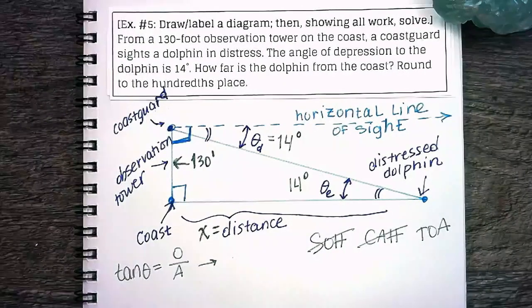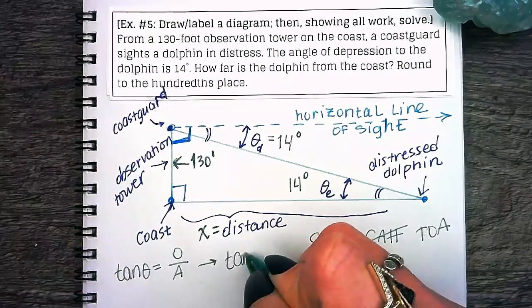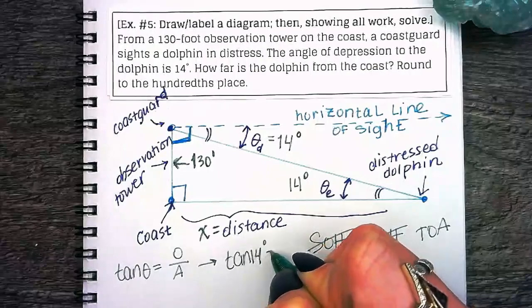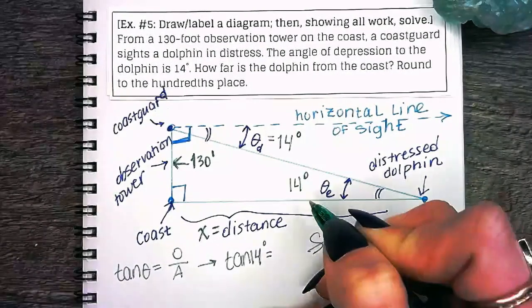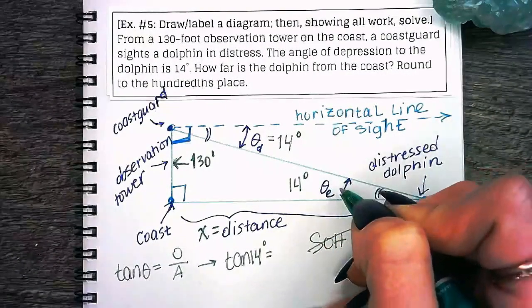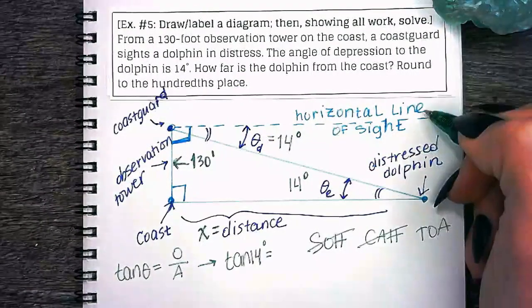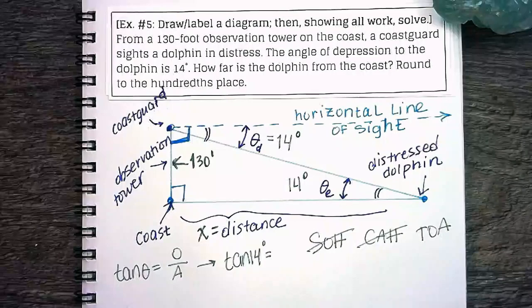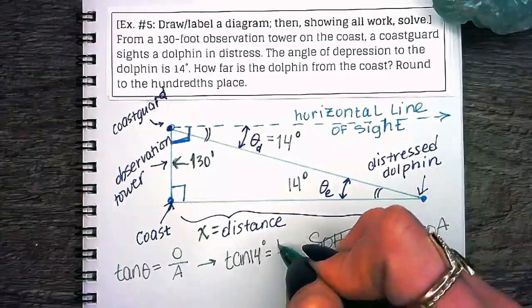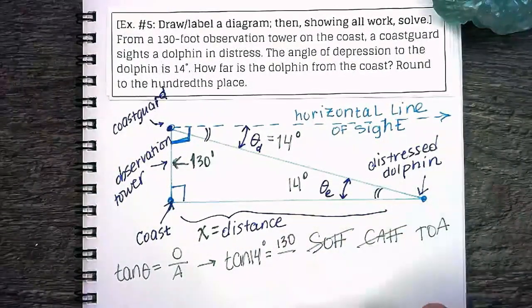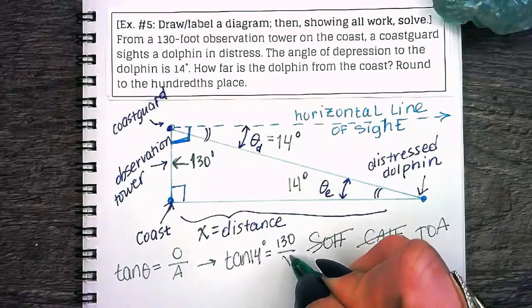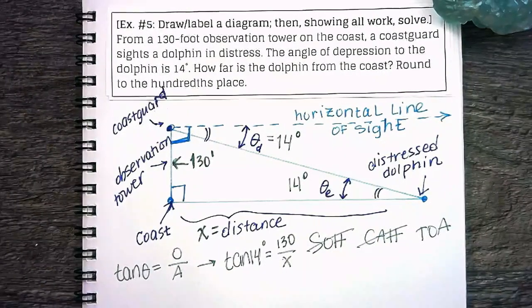Now we fill in. Theta is 14 degrees. The opposite of 14 degrees, whether we look at it from this triangle here, or if we even think of it as this triangle here, these are just turned upside down. Opposite is the 130-foot tower, and the adjacent is x, which is what we're looking for.